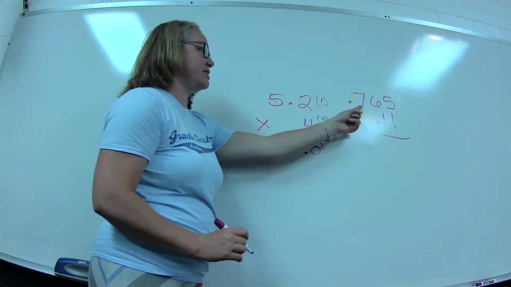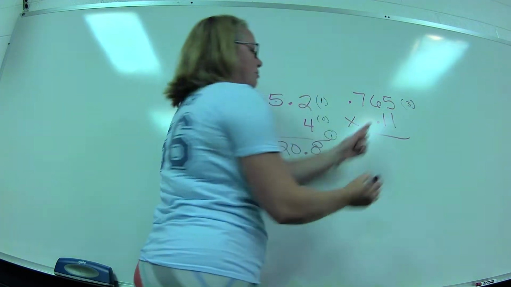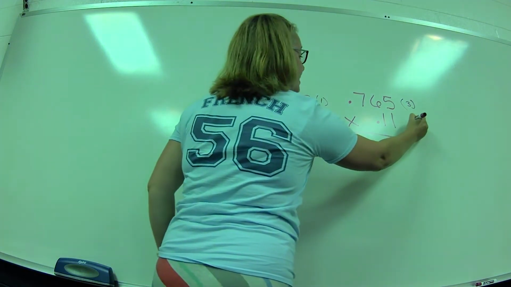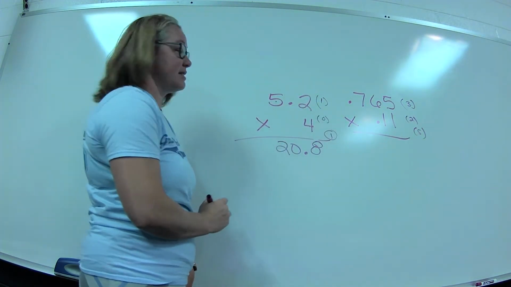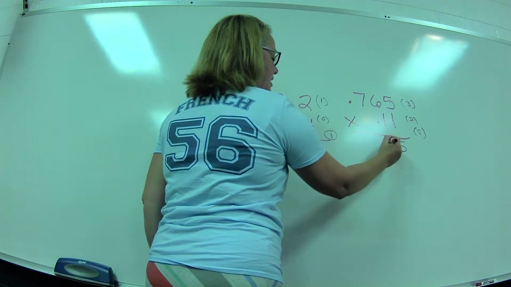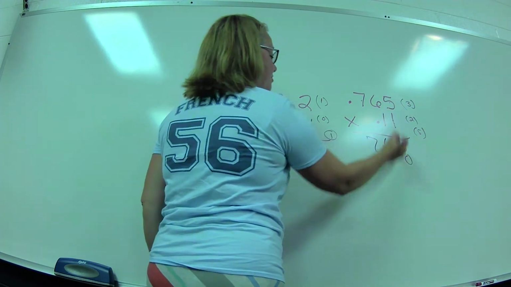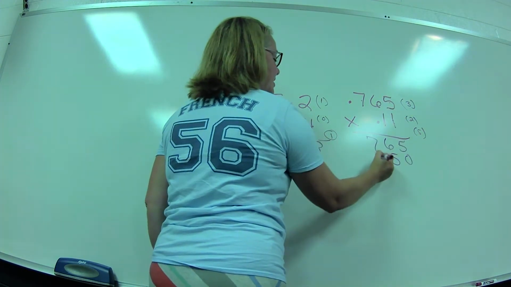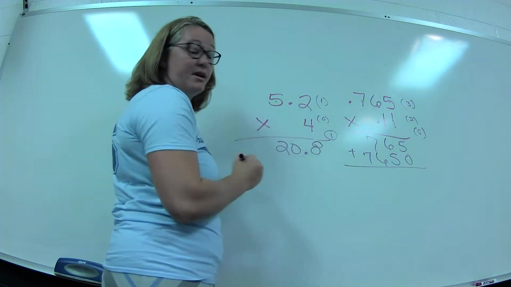Over here we have 0.765. We have 3 decimal places. Here 0.11 we have 2 decimal places. So my product will need to have 5 decimal places. Alright, so 1 times 5, 1 times 6, 1 times 7. Again, 1 times 5, 1 times 6, 1 times 7. Let's add our partial products.